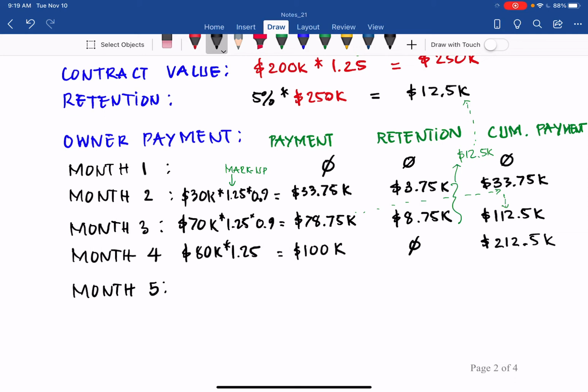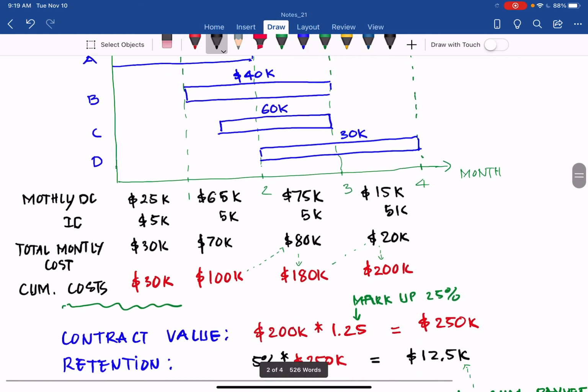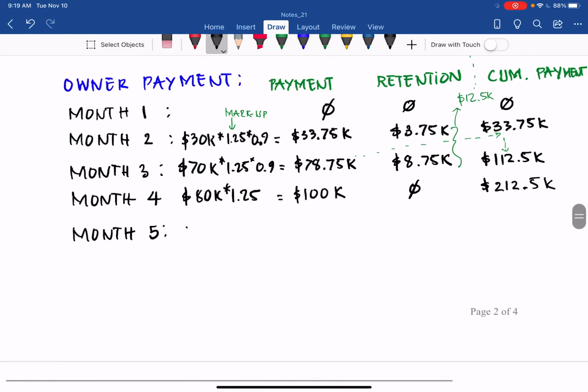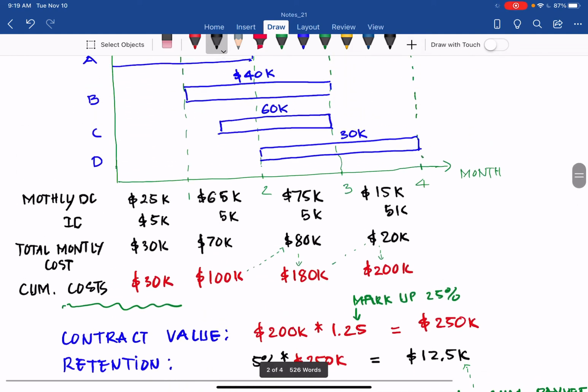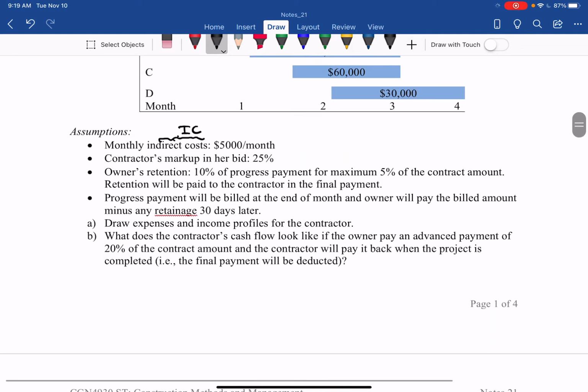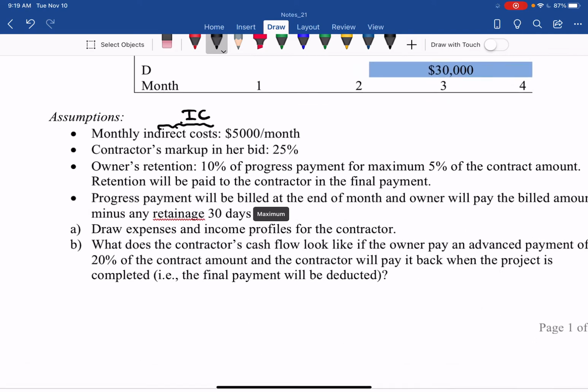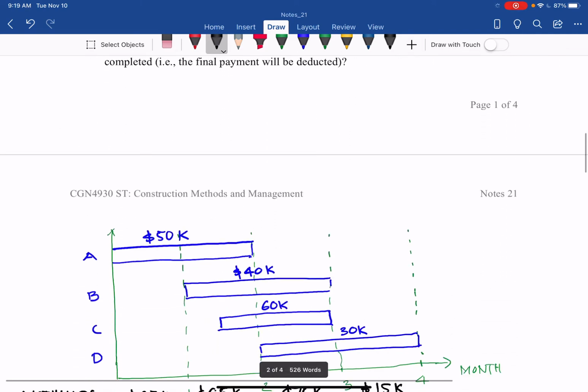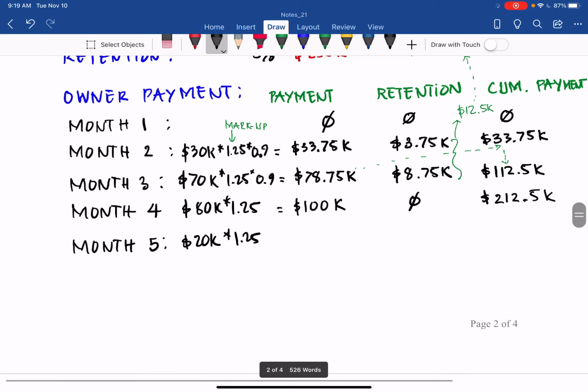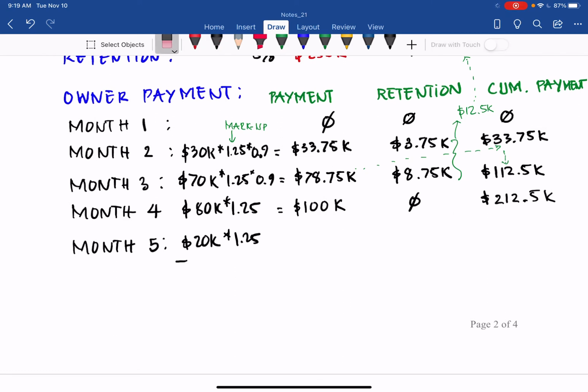Similarly, the month 5 payment equals the month 4 expense, which is 20,000. So you have 20,000 times the markup. And of course, one thing, the problem gives us: the retention will be paid to the contractor in the final payment. So this is the final payment, so we have to pay plus the retention, because it is paid in the final, 12,500.